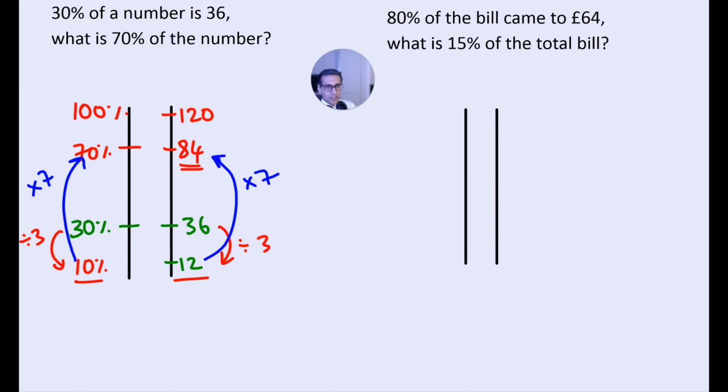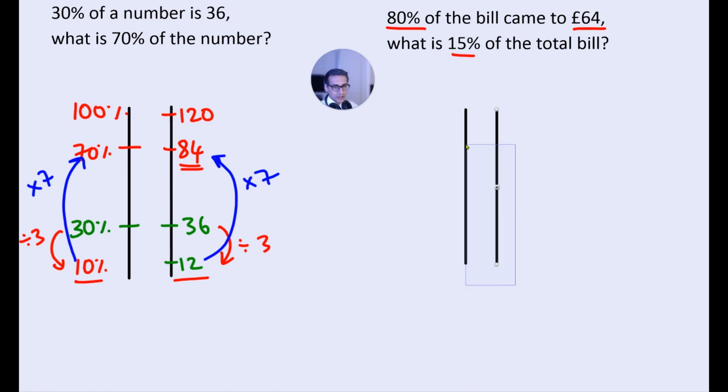Okay, so hopefully you've had time to go through this. Let's see what we can work out here. 80% of something came to £64. What is 15% of that? Right, so let's label what we know.